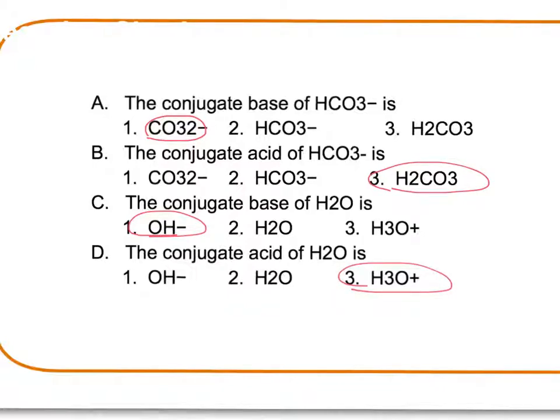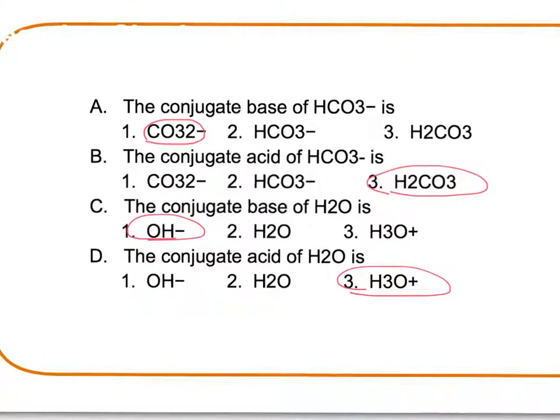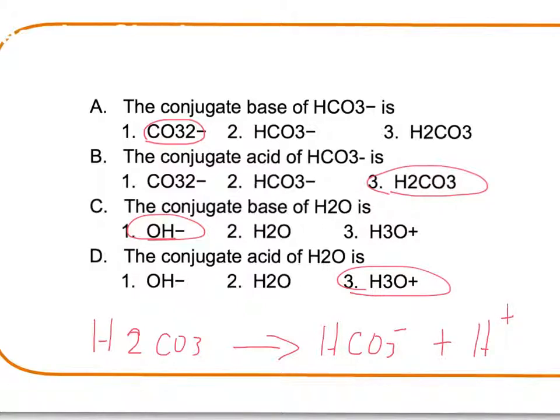If we are ever asked to write out a conjugate acid-base reaction, we will put our conjugate acid, and let's put H2CO3, and that will yield our conjugate base of HCO3- plus our hydrogen with a plus charge. This can be reversible.